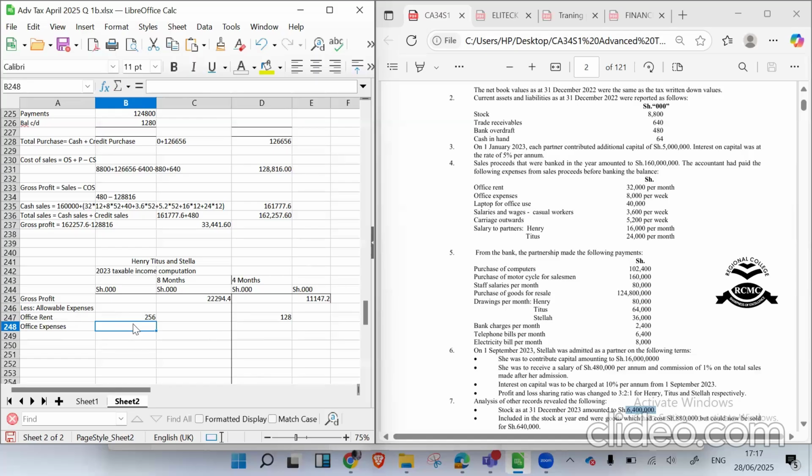So that is 8 times 52, then times 8/12. I think that's fine, because it's weekly. Yes. Then on this other side, it's times 4/12.